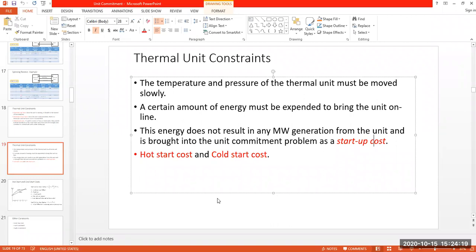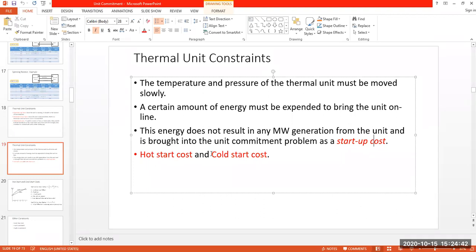What would you do? Would you allow your unit to completely become cool? This is one way. You shut your turbine unit, you shut your boiler unit, you shut your generation, you shut everything, and allow your boiler unit to cool down to ambient temperature.